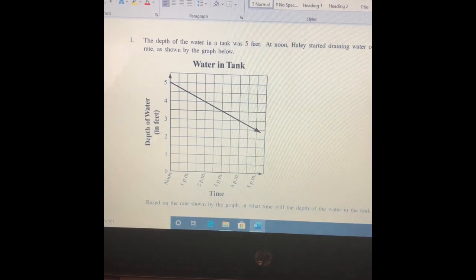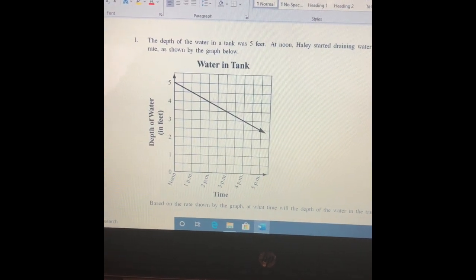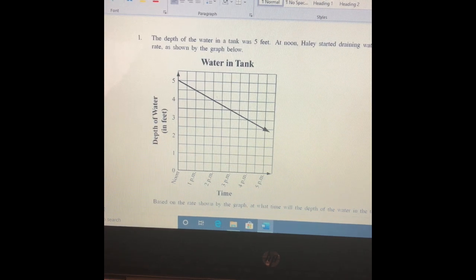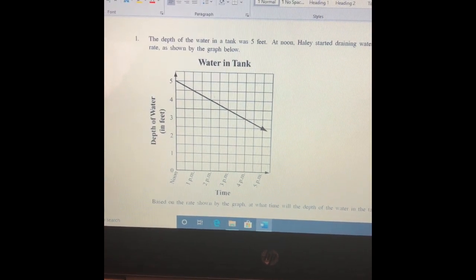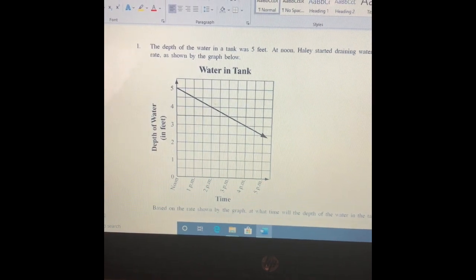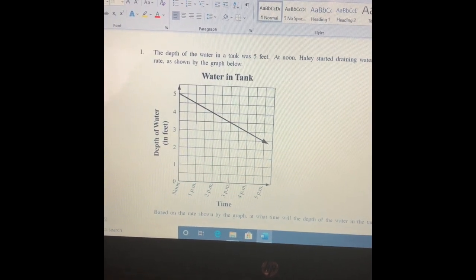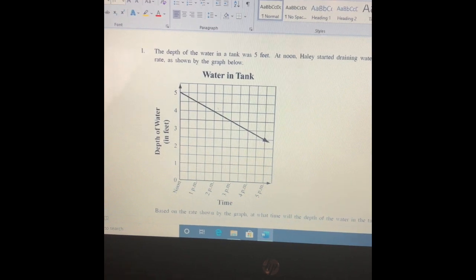Now, I'm taking a look at the 5 p.m. time, and the depth is 2.5 feet at 5 p.m. If it's 2.5 feet at 5 p.m., when's it going to be 2 feet?